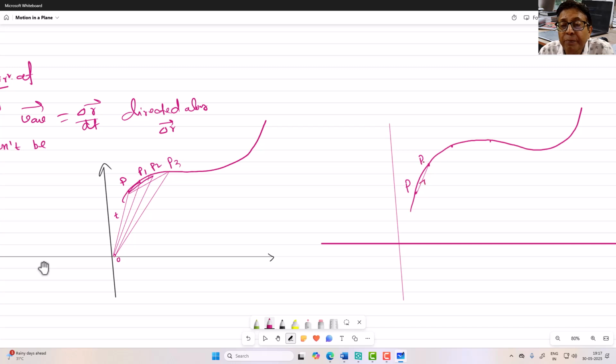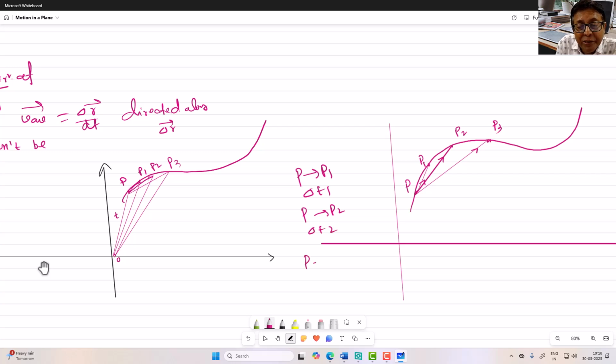That is along PP1. When it goes to P2, along PP2. When it goes to P3, along PP3, average velocity. The times are: from P to P1, delta t1; P to P2, delta t2; P to P3, delta t3.